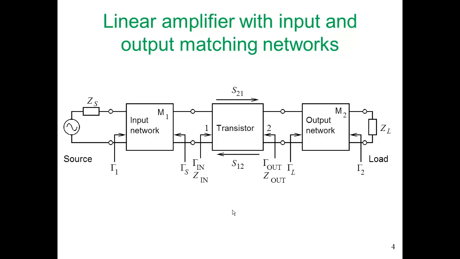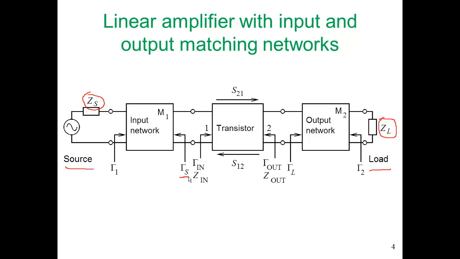So here's another view. We've left the bias network out here. We're going to hope that the bias can be applied through smart design choices on the way through. So we begin with a source resistance. There's our source at the beginning here, and our load. We have a source impedance up the front here, which is 50 ohms, and a load impedance, which is also 50 ohms.